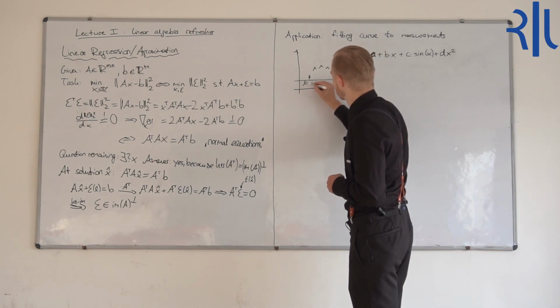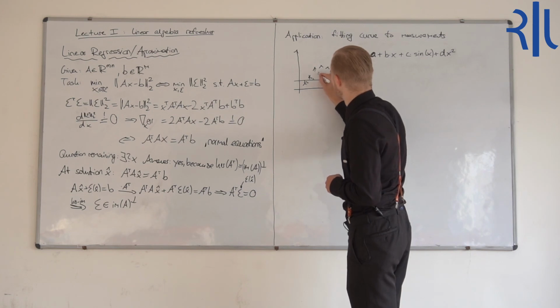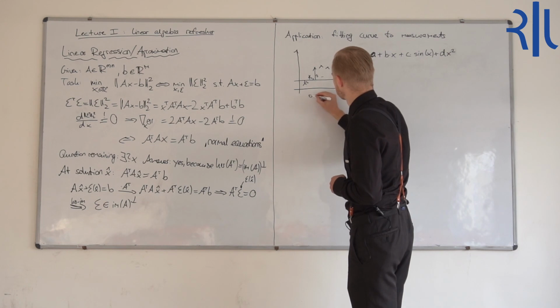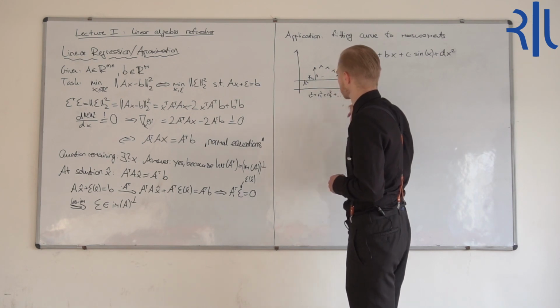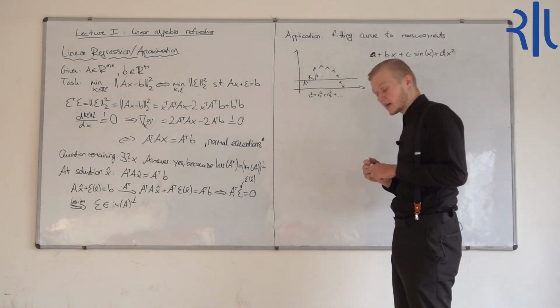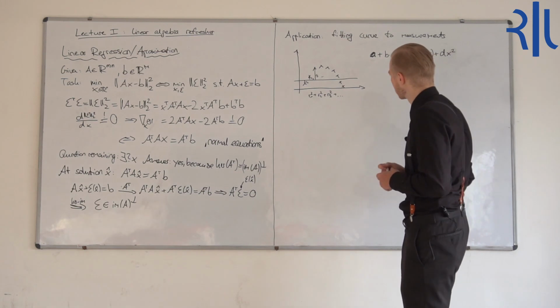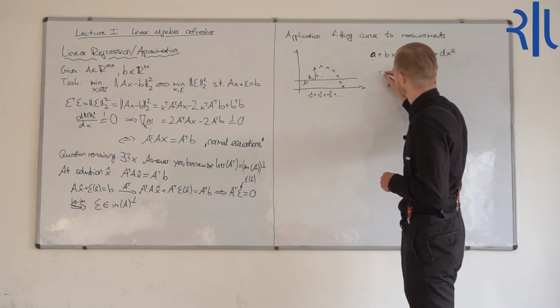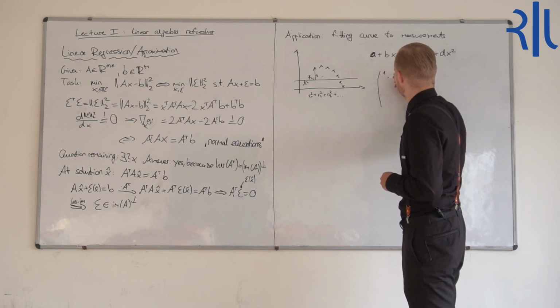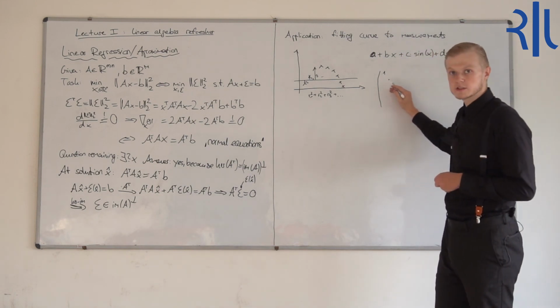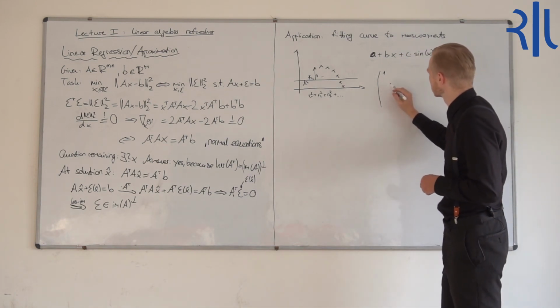Then you want to minimize r1 squared plus r2 squared plus r3 squared plus and so on. And the way you can do that is by constructing an appropriate matrix. So for A, we would have just a constant 1.